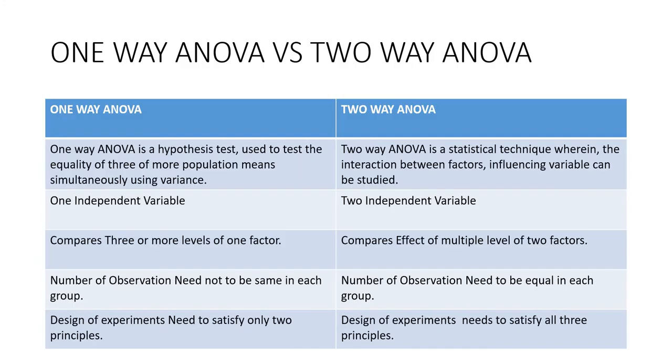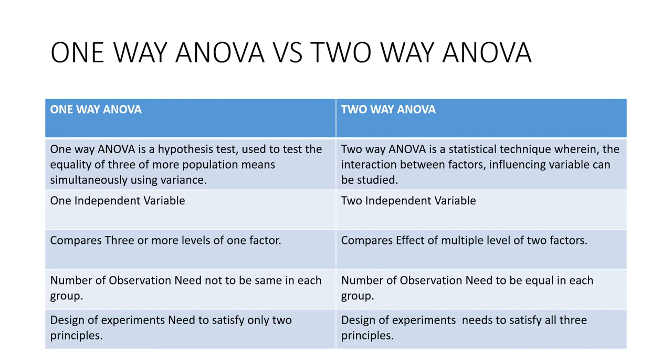Fine. This is a very nice table. You can understand it. This gives you the exact difference. One-way ANOVA is a hypothesis test used to test the equality of three or more population means simultaneously using variance.